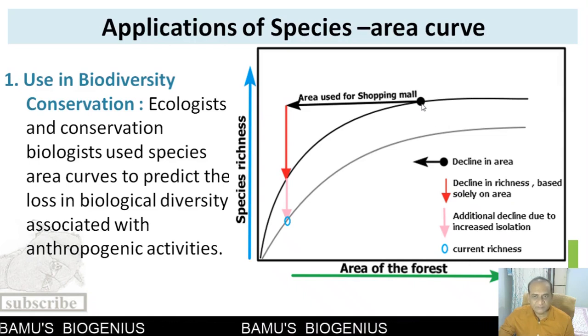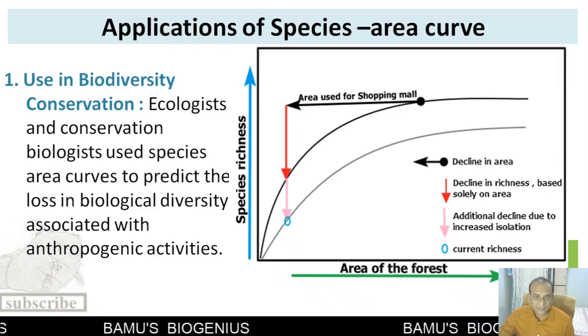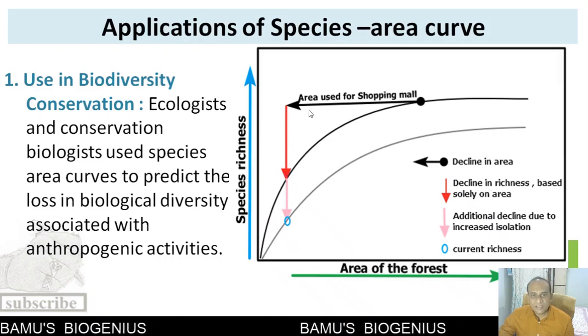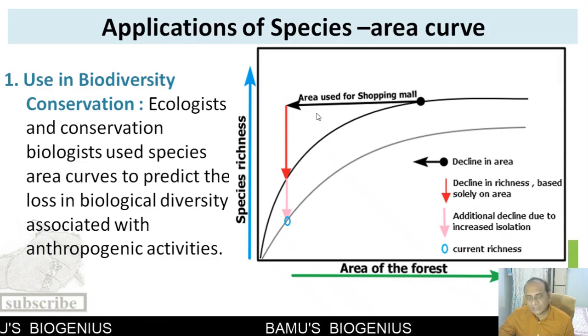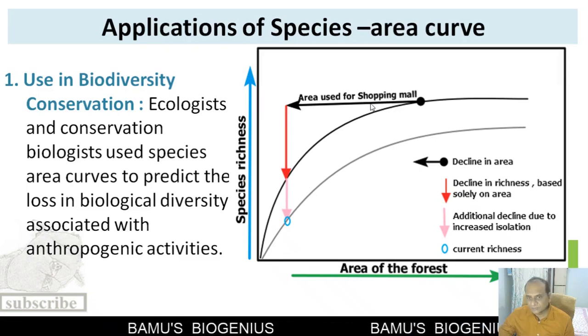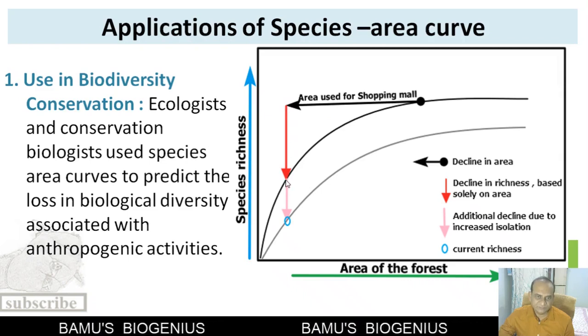When we build a shopping mall, there is a decrease in the forest area, and correspondingly there will be a decrease in the species richness, because whatever animals are dependent upon or harbored by that particular area, that may be an insect, a bird, or a snake, all these kinds of animals get affected due to the construction of a shopping mall. So there will be a corresponding decrease in the species richness.